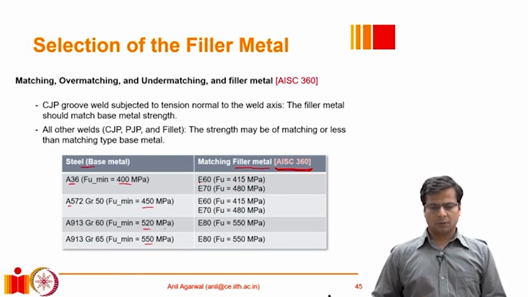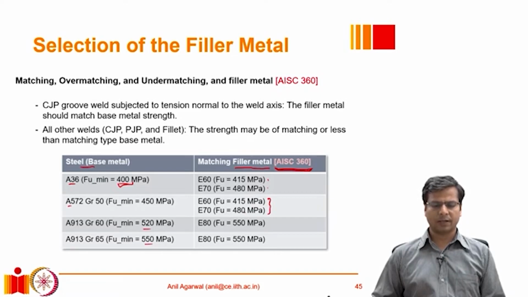The code says that generally the requirement is that we should go for a matching type of filler material. So if we have a 410 MPa steel, we should use an electrode which is in a similar range. Likewise, for a 450 MPa steel, we could utilize electrodes which are slightly lower or slightly higher than that strength. All these specifications are mentioned.